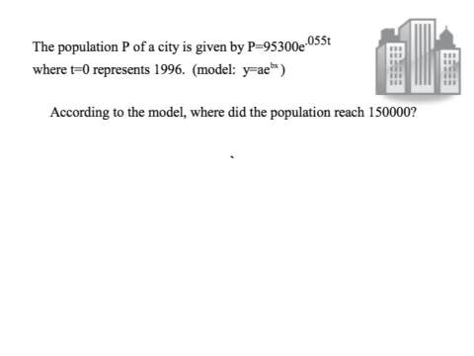In this situation, we have a population of a city. Notice that the model that they use, y equals ab to the x, looks a lot like your PERT formula. PERT is continuous compound interest. Population growth is continuous, it's constantly growing, so ultimately this 0.055 represents the rate of growth as a percentage.